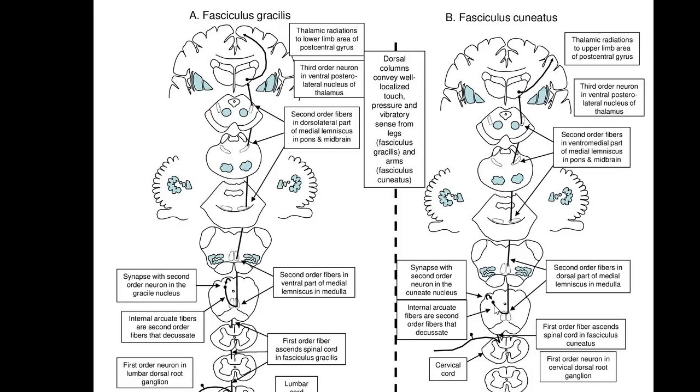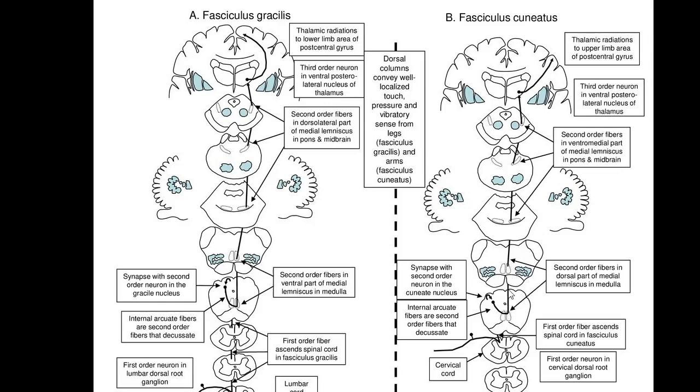The second order neurons, that is the internal arcuate fibers, cross to the opposite side. That is the sensory decussation, and ascend up as medial lemniscus.